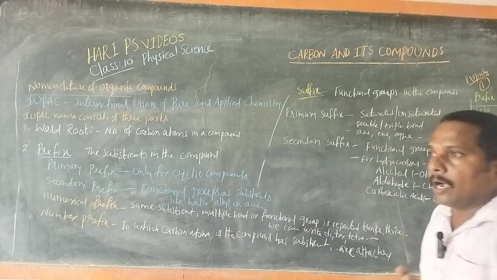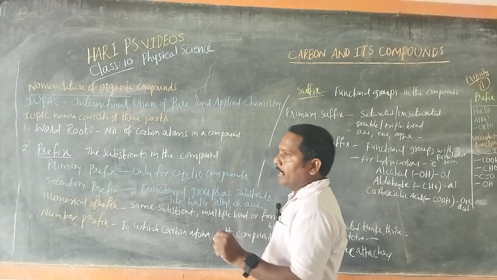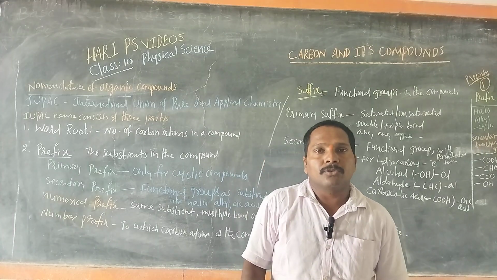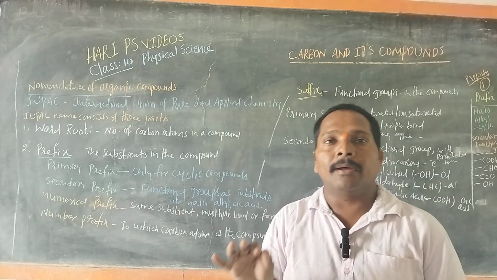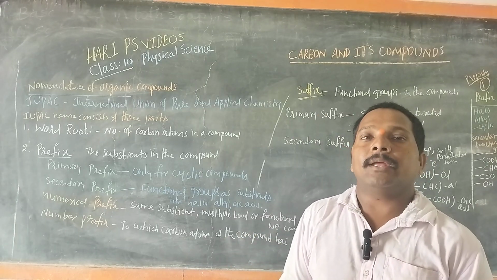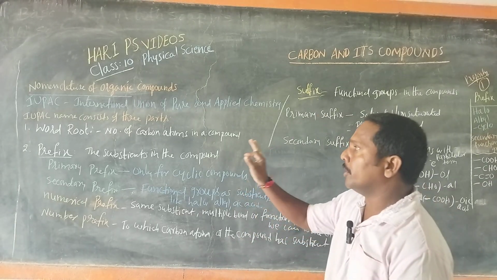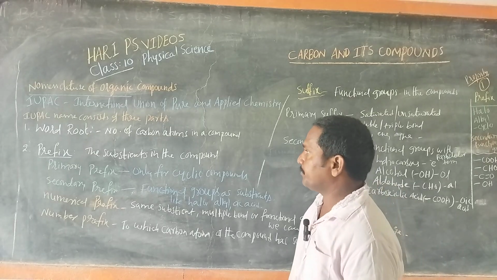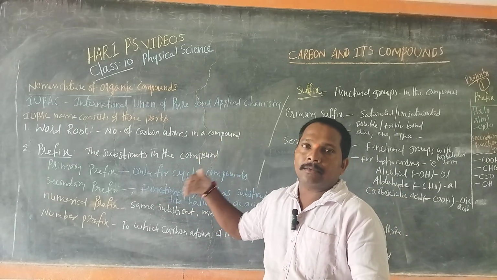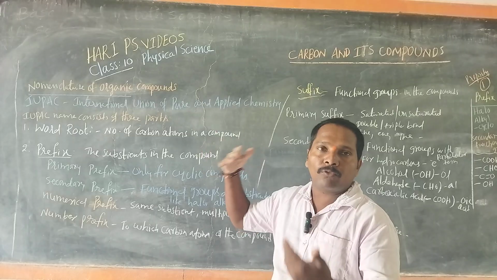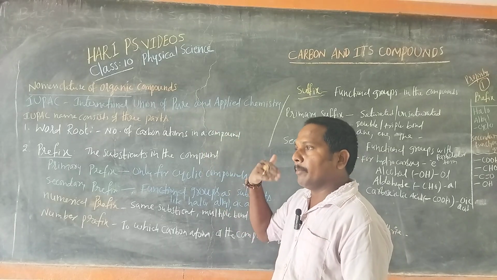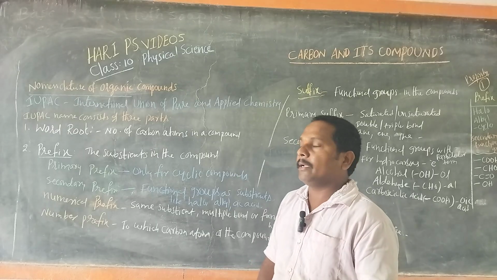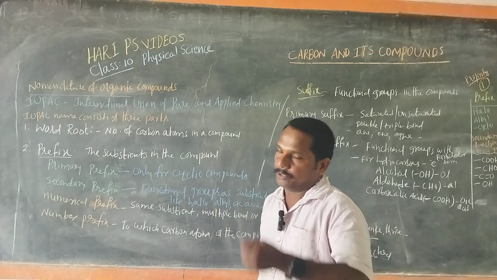An organic compound contains some number of carbon atoms, one, two, three, four, five, like that, and that number of carbon atoms is taken as the word root.